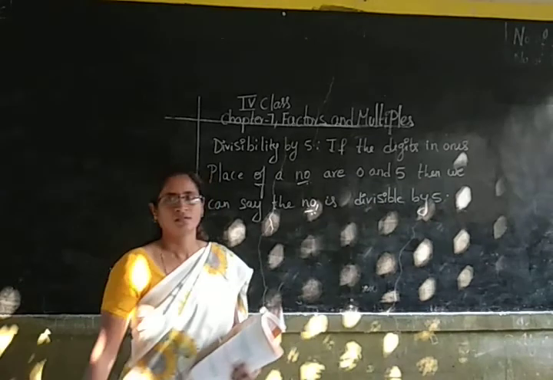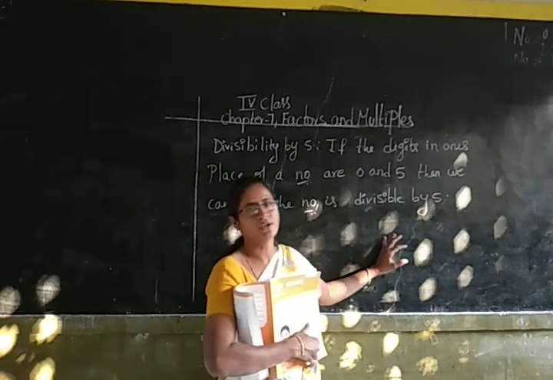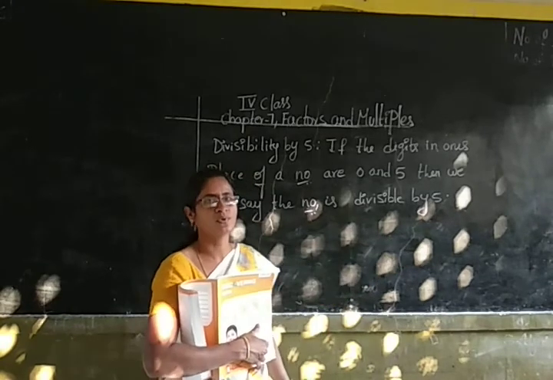Okay children. If the digit in the ones place of a number is 0 or 5, we can say that the number is divisible by 5.